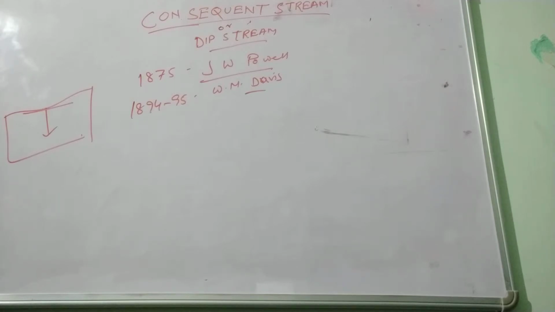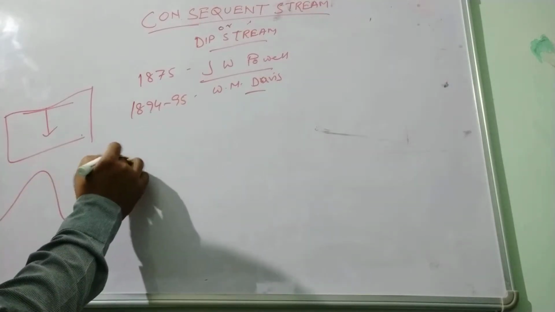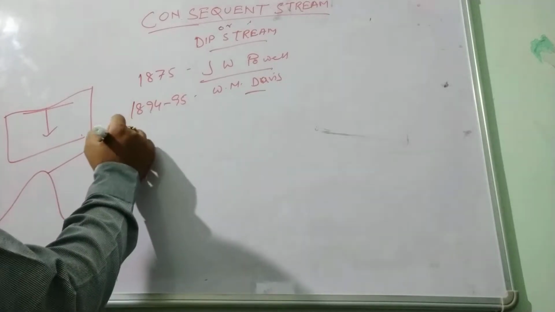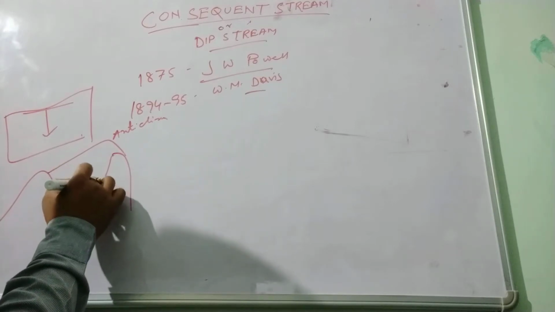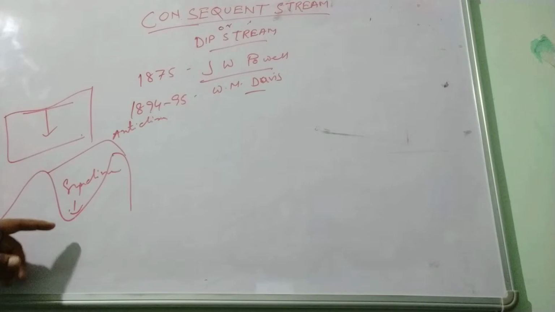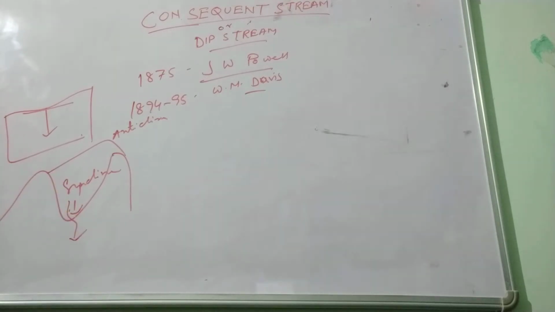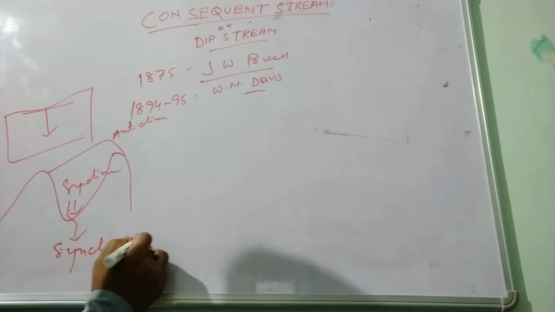Generally, the streams are developed in folded structures, in the region of folds and in the synclinal trough. In our study, we have seen this is the folded structure, this is the anticline, and this is called the syncline. As there is a lower slope and a deep, steep dip, the streams are developed here. So this is called the synclinal consequent stream.